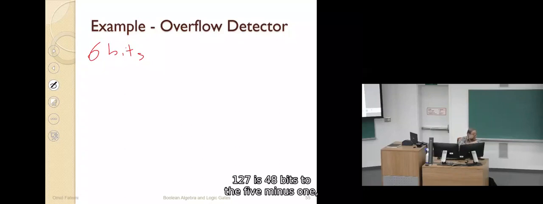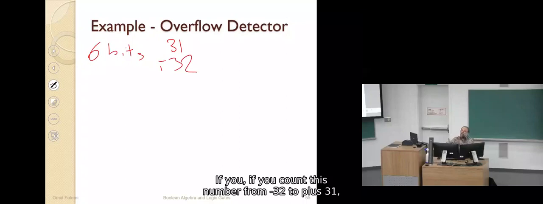It's 2 to the 5, 2 to the 5 minus 1. Perfect. So it is 31. 2 to the 5 is 32, minus 1 is 31. And what would be the least negative number? Minus 32.